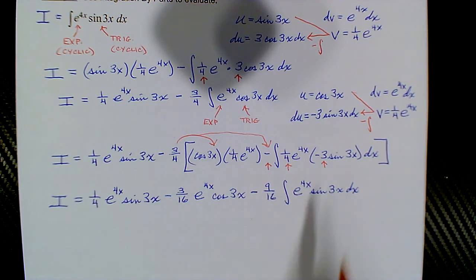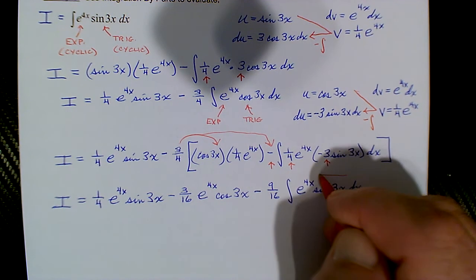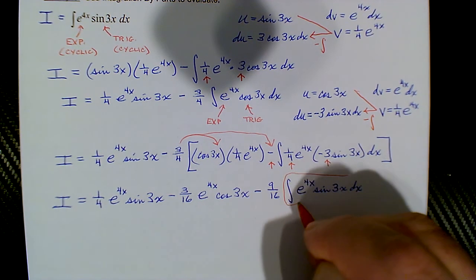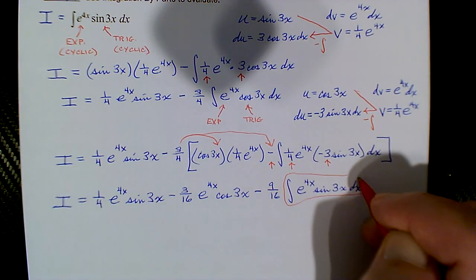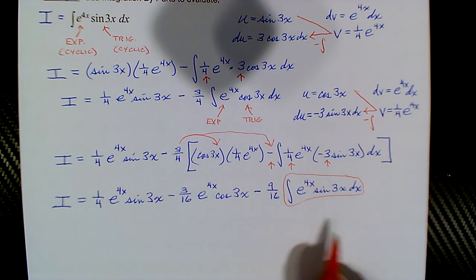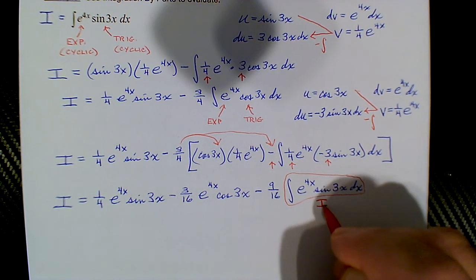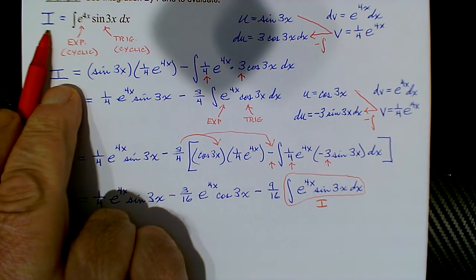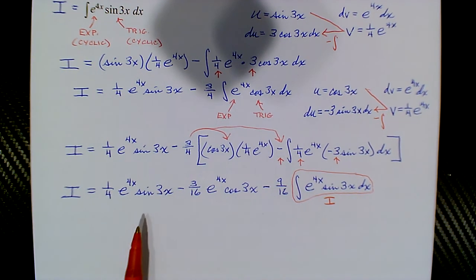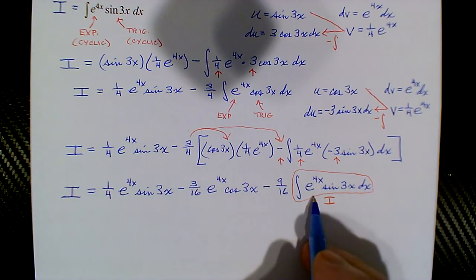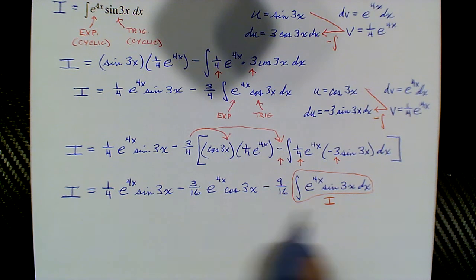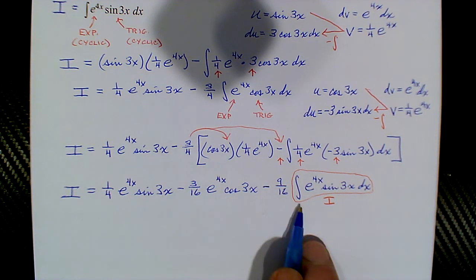Now these first two terms are finished, so I'm just recopying them, and all I'm doing in this step is replacing the integral by I. So we have the first two terms recopied, then minus 9/16 I. And now what we need to do is solve for I. And don't make this harder than it is, because all we're doing is solving a linear equation, basically.